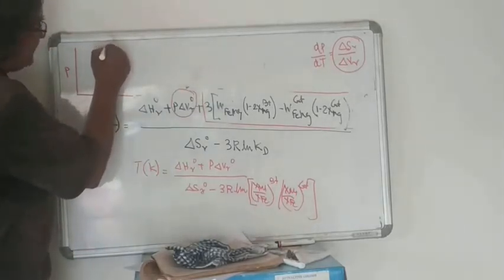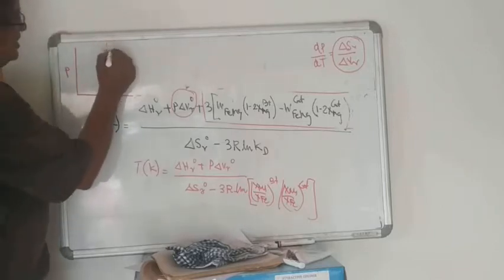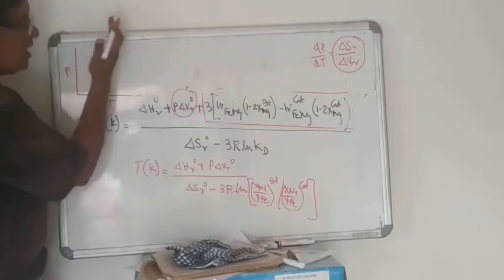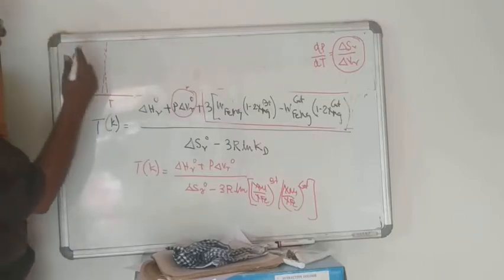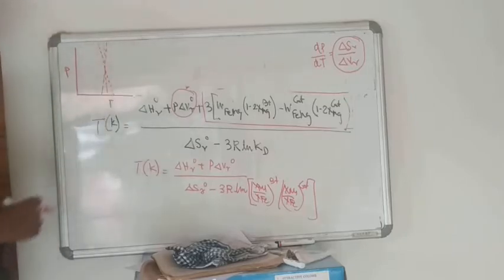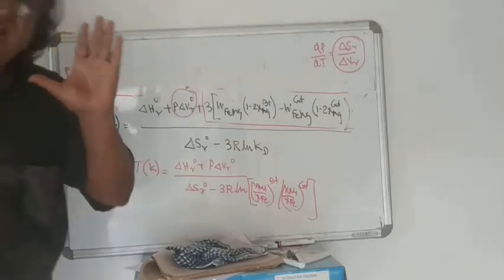Or you would have these expressions like this. Here delta P by delta T is steep but has a positive slope. Or you could have a slope like this, where dP by dT is still steep but the slope is negative.